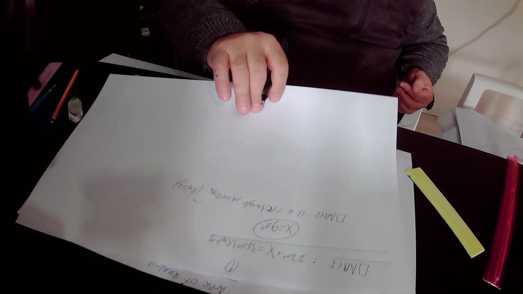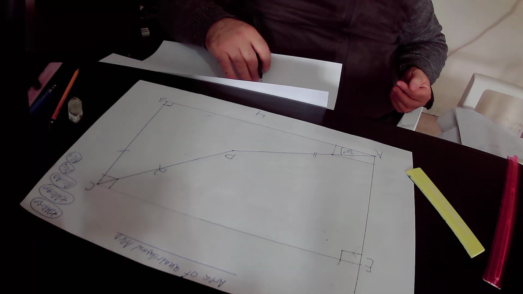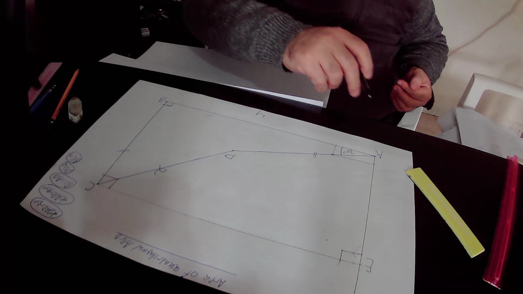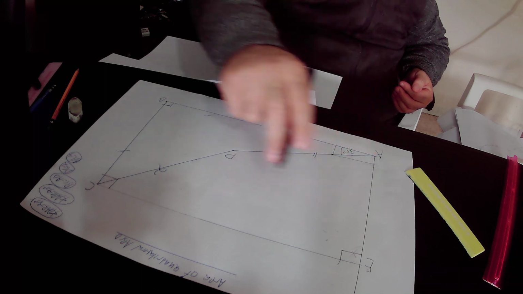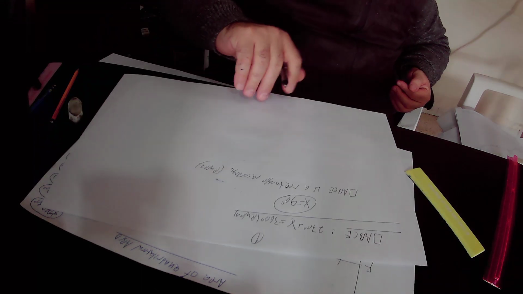And we also have rule number 3 that says that the opposite sides of a rectangle are equal to each other. That is to say, AB equals EC according to rule number 3.